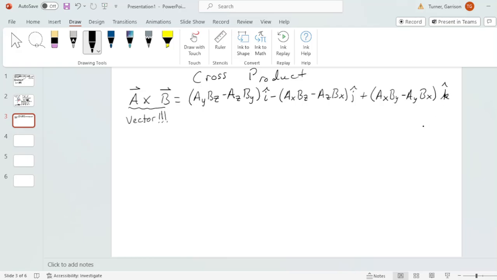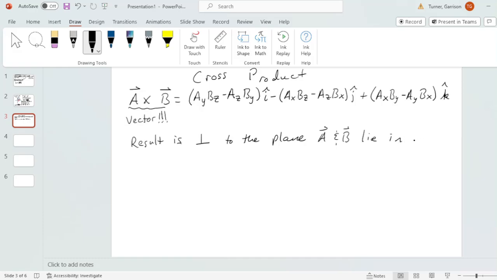Okay, so this is truly a three-dimensional calculation, right? And the cross product, the result, is perpendicular to the plane that A and B lie in, or in which A and B lie.